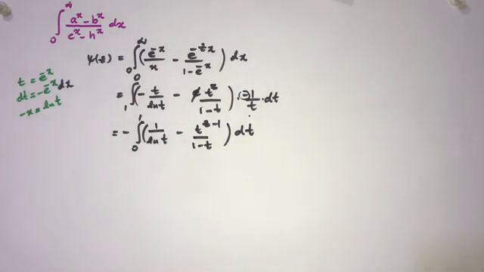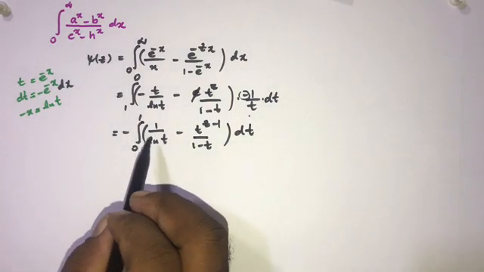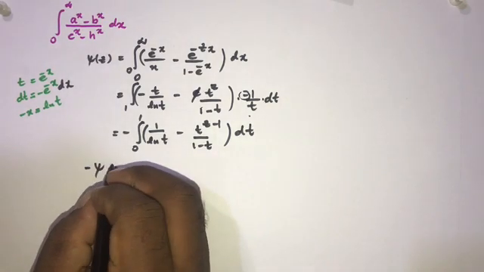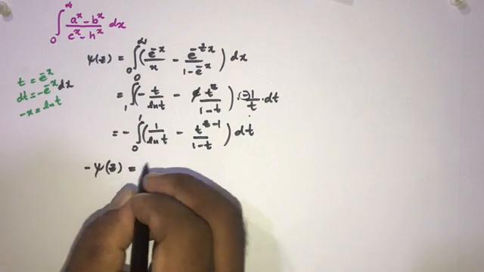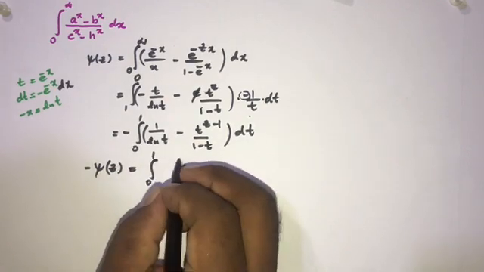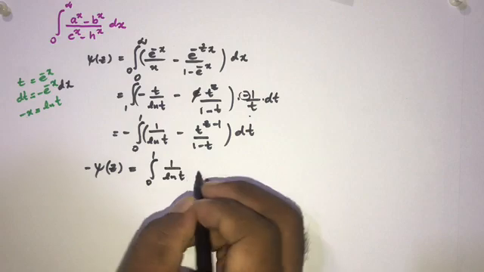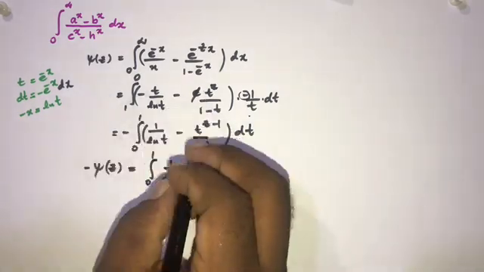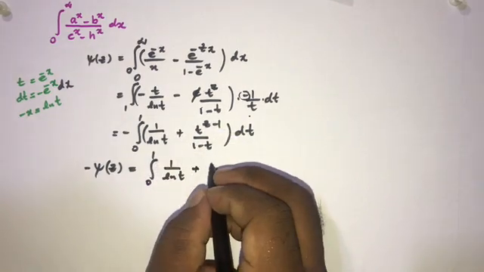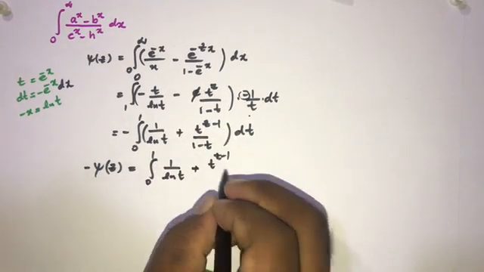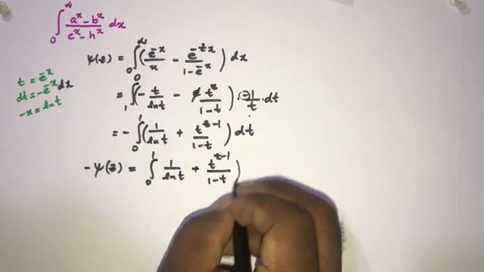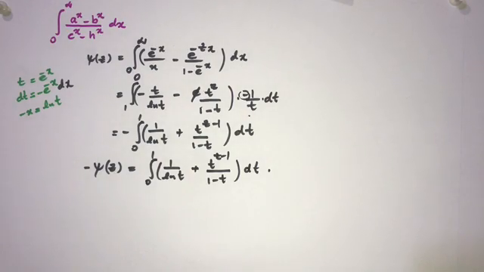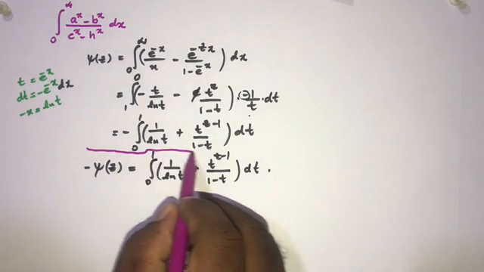Now we can multiply by minus sign on both sides, so minus digamma of c is equal to the integral from 0 to 1 of (1 over natural log of t plus (t to the c minus 1) over 1 minus t) dt. Okay, this is a very important result.